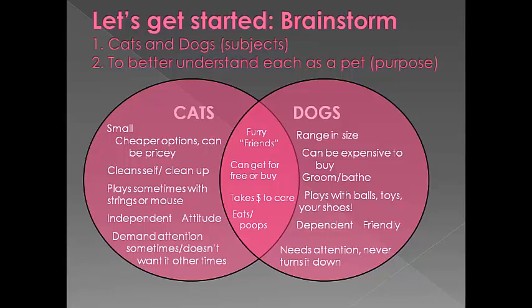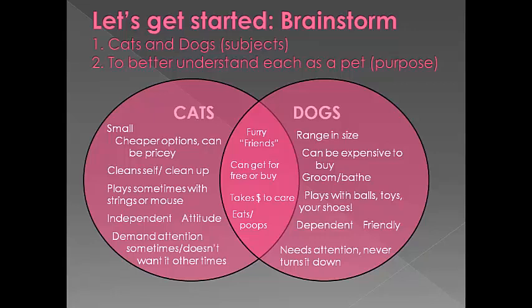They do need to be groomed and bathed, and this can either be something you do on your own, or you could pay to have it done. They're very playful. Of course, they can cost money if they begin to eat your shoes, and that's never good. They're very dependent on their owners, but very friendly, and they definitely need a lot of attention, which can be a positive thing because it's a lot of fun, but it can be a big responsibility.